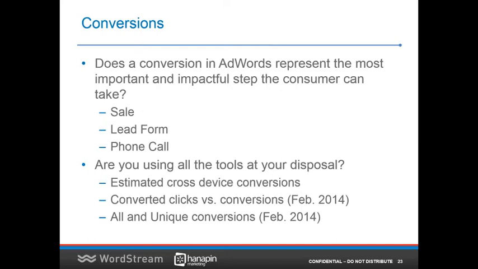So an example of why you would use all conversions, which counts all conversions that happen after an ad click: you own a travel booking site used to reserve both hotel rooms and rental cars. You'd like to see how your ads drive each type of booking, so you choose to count all your conversions.